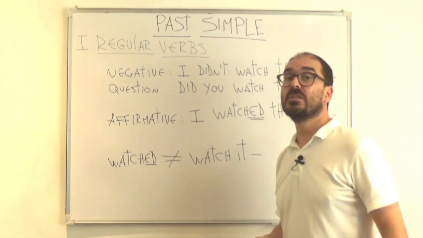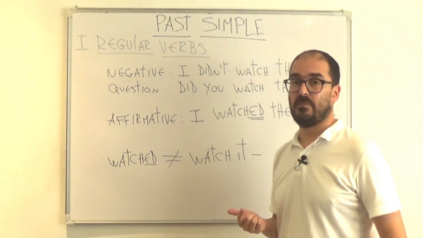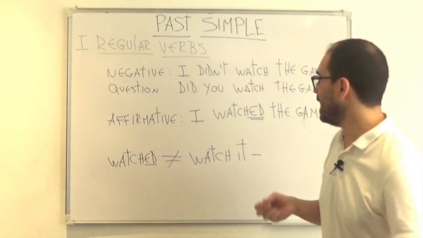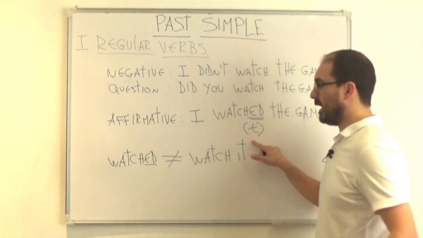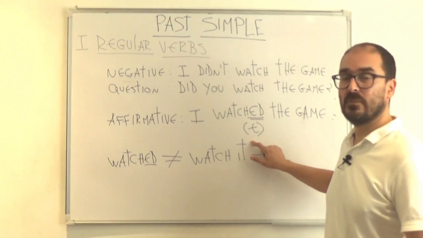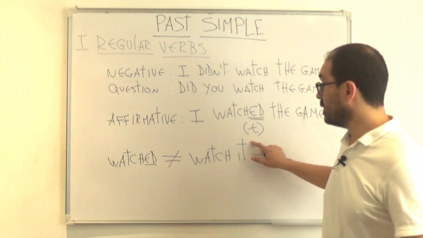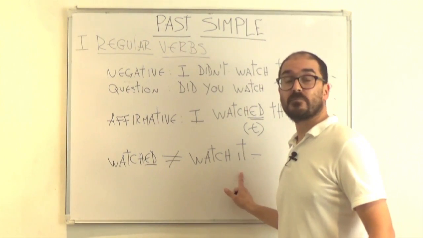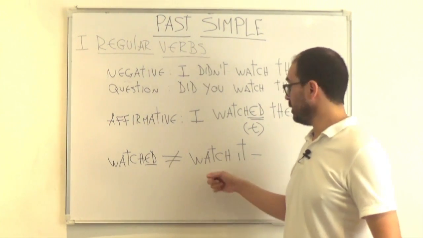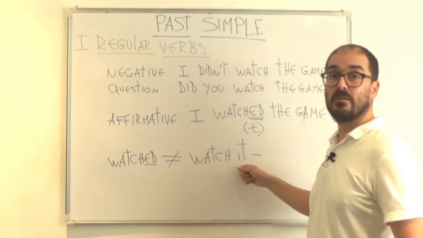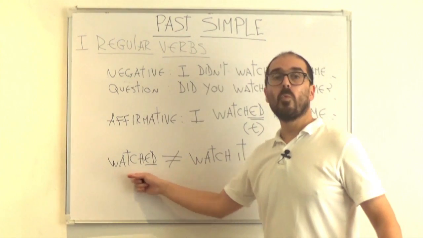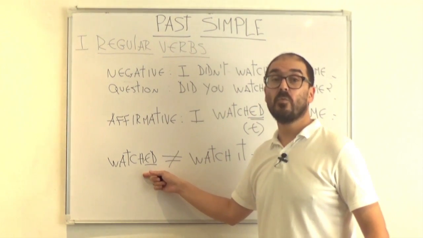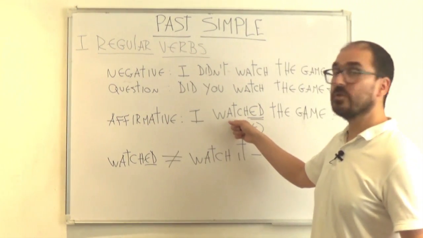I watched the game. And I'm stressing the T in the end because this is going to be pronounced like this. Yeah, but why? Well, this is one reason. "Watch it" means watch it. Whereas if we keep the pronunciation like a T, watched is the correct way to say the verb to watch in simple past affirmative.